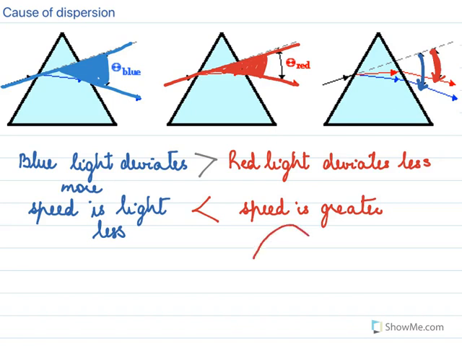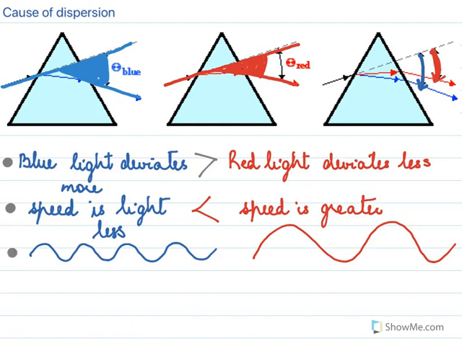The red light has a large wavelength, while the blue light has a very small wavelength. So you could write this in your answer, the cause of dispersion: blue light deviates much more than red light, and the speed of blue light is less than the speed of red light. The wavelength of blue light is less, the wavelength of red light is more, and hence the different components of light break up when they enter a glass prism.